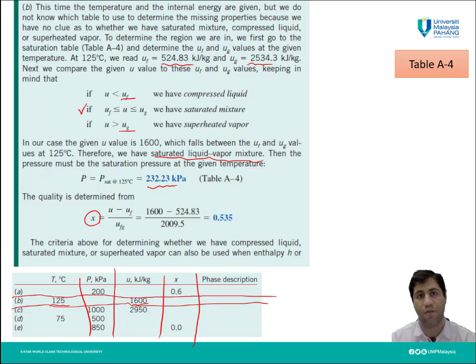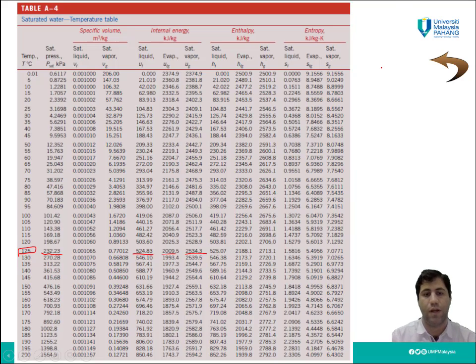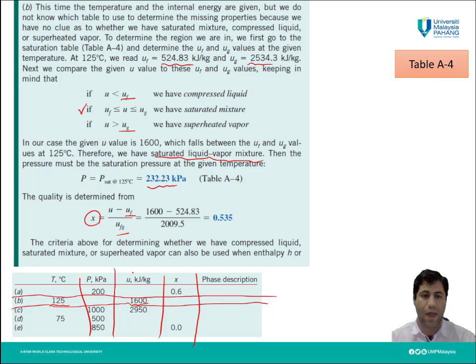Again, table A4 for UF, UG and also UFG, all of them in the table. We have U here, UF and UFG from the table. Then we can find X. It means about 53.5% of the mixture here is vapor and the rest is in liquid phase.